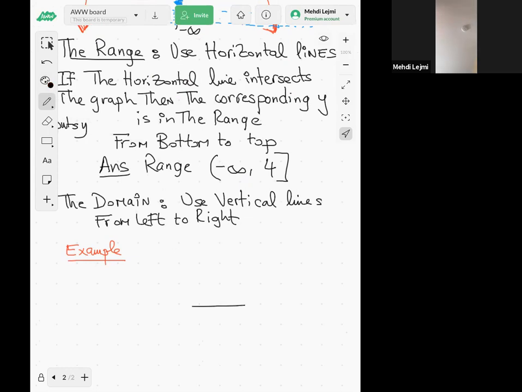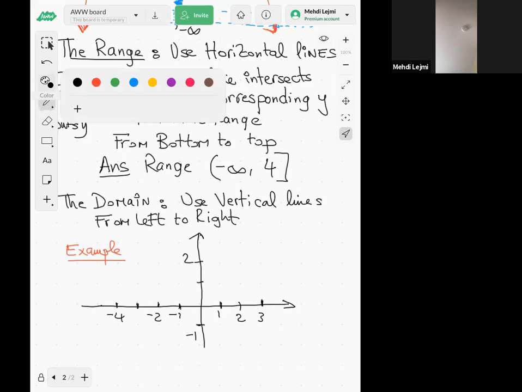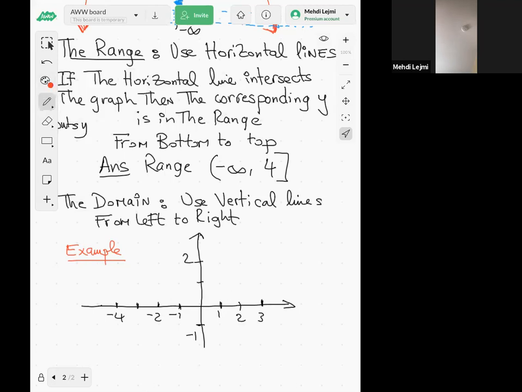So let's see here. This is -1, +1, +2, -2, this is -4, let's say. And here's -1, here's +2. Anyway, let's say this is my graph. Let's say it starts from here, and this is my f of x.